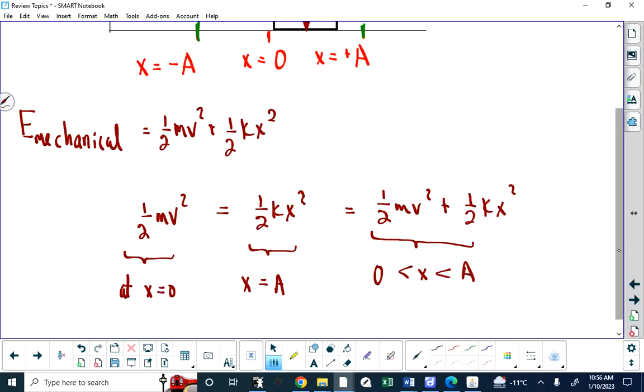And the analyses that go along with these calculations, and you can go back and look at some of them, they were quite complicated, involve using this conservation of energy statement along with maybe Hooke's law at some point, along with maybe Newton's second law of motion at some point.